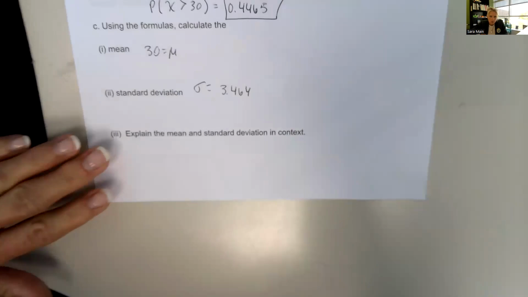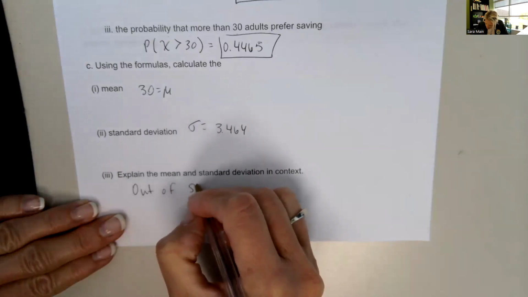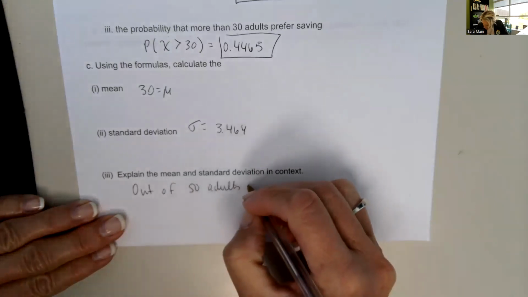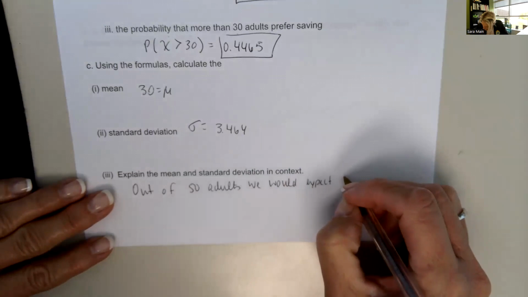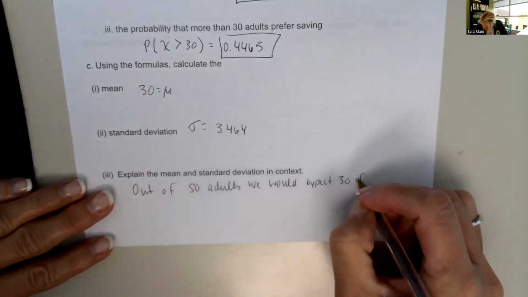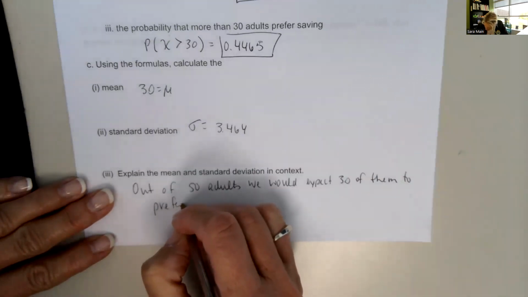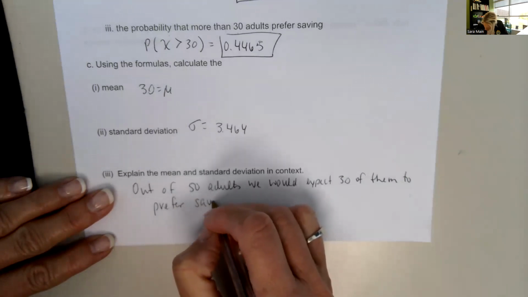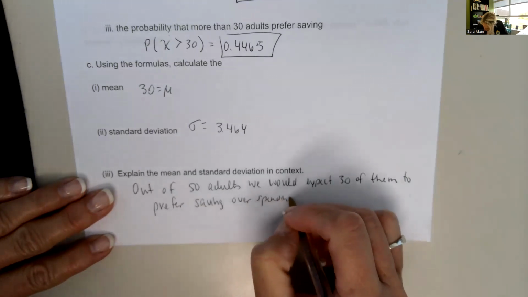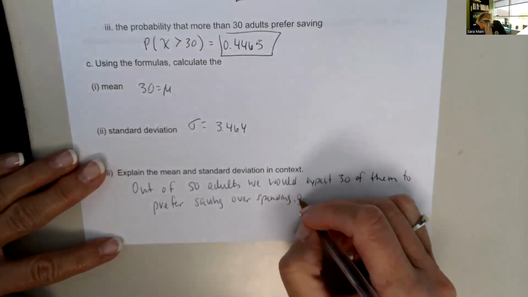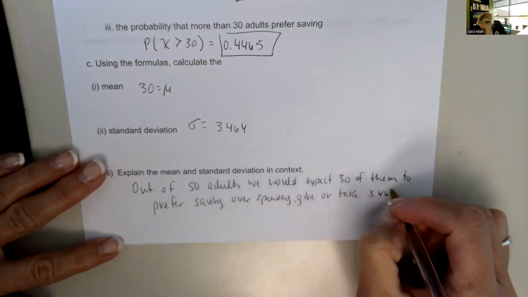Okay, when we're talking about the binomial, we also have to refer to the N. So out of 50 adults, we would expect 30 of them to prefer saving over spending, give or take 3.464.